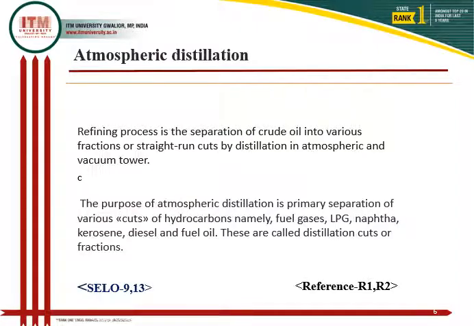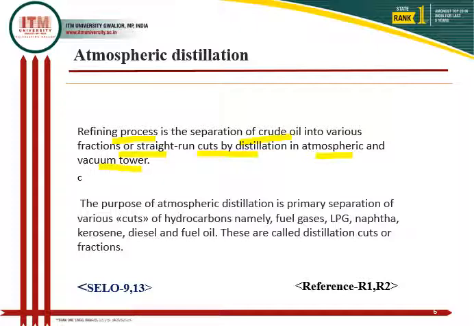The atmospheric distillation is the first step of the refining process after desalting or the dehydration method. It is the separation of the crude oil into the various fractions, or we can say the straight run cuts, by distillation in the atmospheric and the vacuum tower.